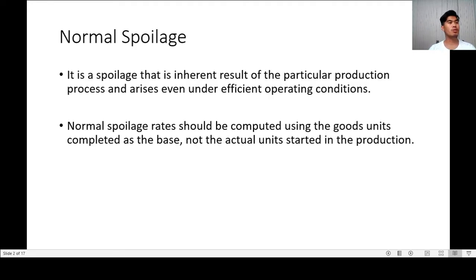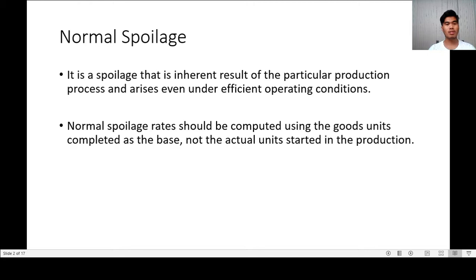So ano ba yung normal spoilage? It is a spoilage that is an inherent result of a particular production process and arises even under efficient operating conditions. Kahit pa daw efficient po yung operation procedures natin dun sa planta, we will still be incurring normal spoilage.